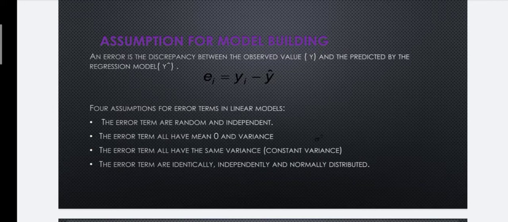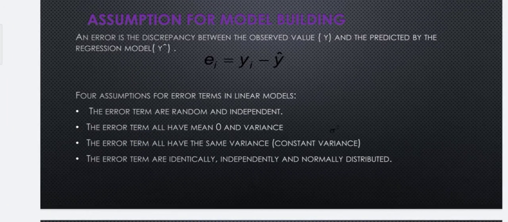Okay, so I masuk terus kepada assumption for model building. Okay, so assumption of the regression analysis. Before we proceed with the regression analysis, so this part you need to fulfill first. Sebelum you nak check untuk significance semua sekali tu, kena check dulu assumption.